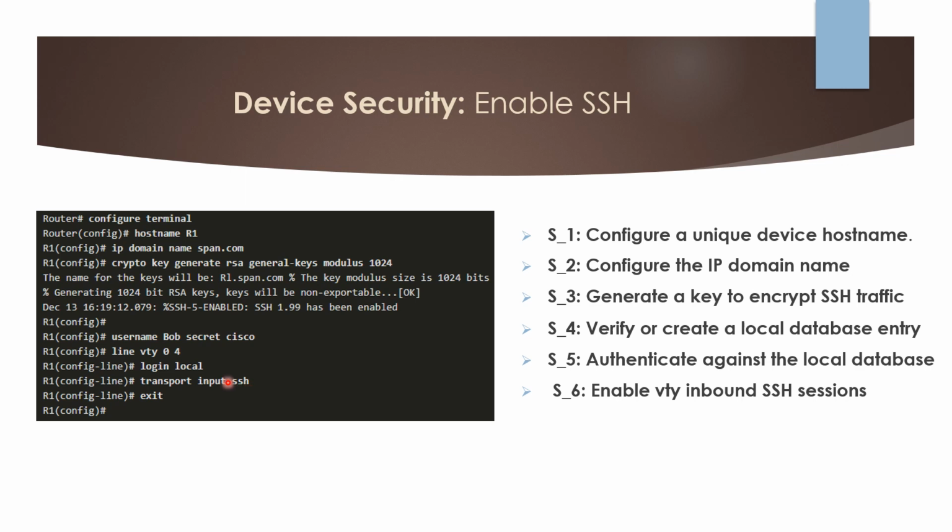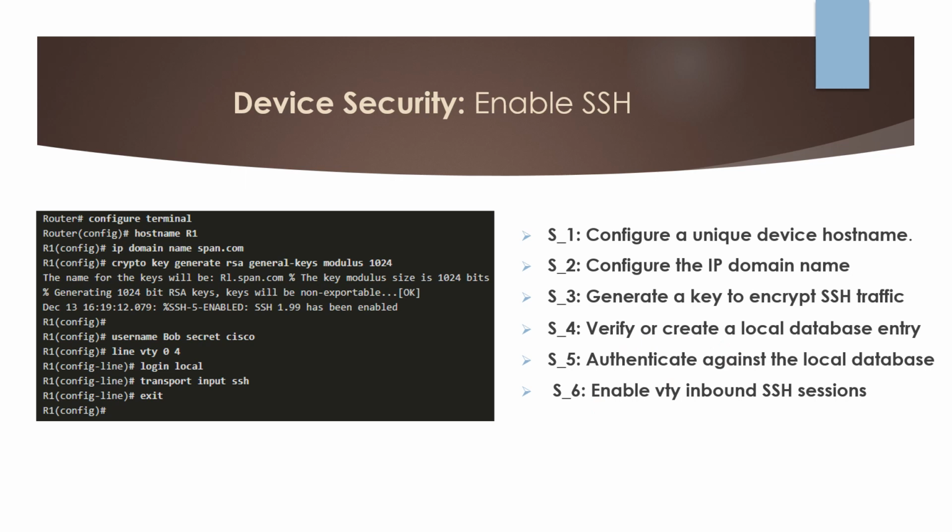And here is all the configuration done for Router 1. It is important that a local database entry for a user be created, as we mentioned here at step 4.